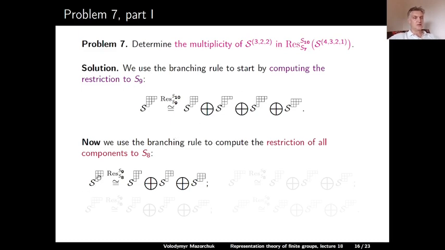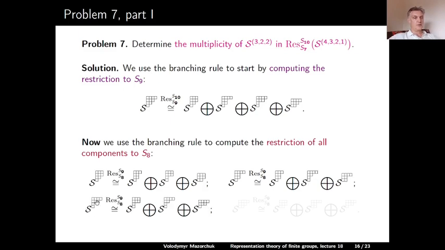So S(3,3,2,1) restricted to S8 gives us S(3,2,2,1) plus S(3,3,1,1) plus S(3,3,2). The Specht module for (4,2,2,1) restricted to S8 gives us S(3,2,2,1) plus S(4,2,1,1) plus S(4,2,2).